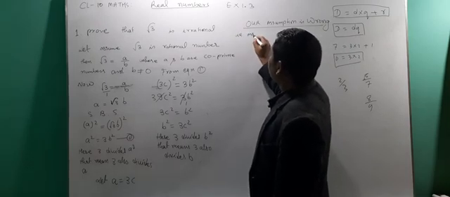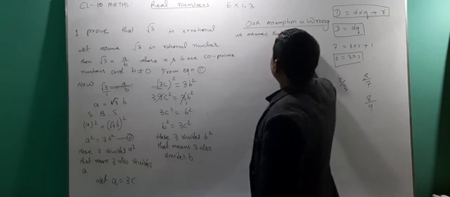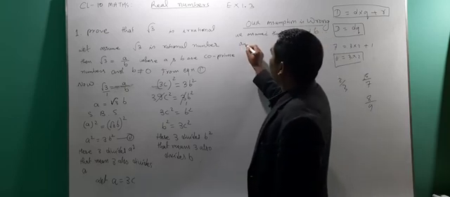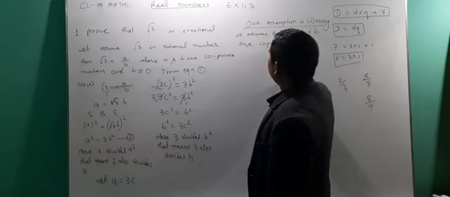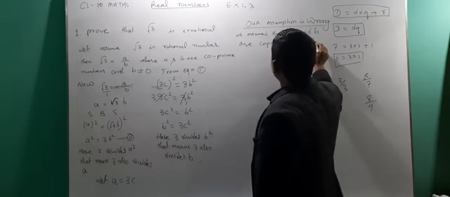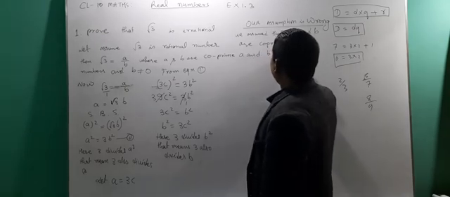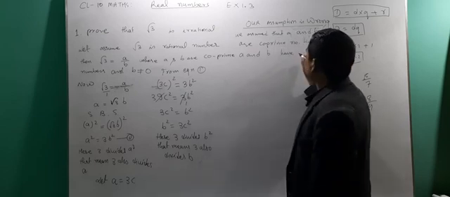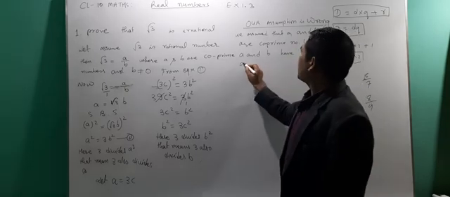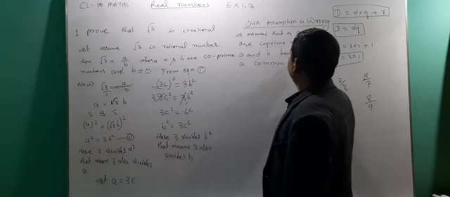We assume that a and b are co-prime number, but a and b have 3 as a common factor.